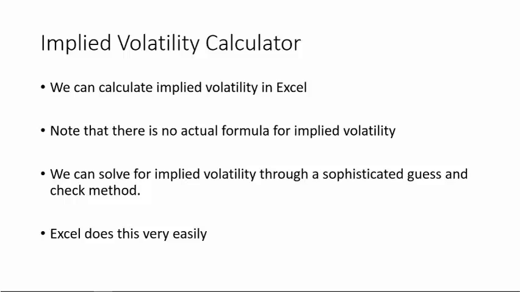It's good to know how to do this, but typically there are also calculators online where they'll do it for you. So it's not strictly required, but it's still good practice to understand where this number comes from. Alright, so let's go take a look at Excel, and then we can calculate some implied volatilities.